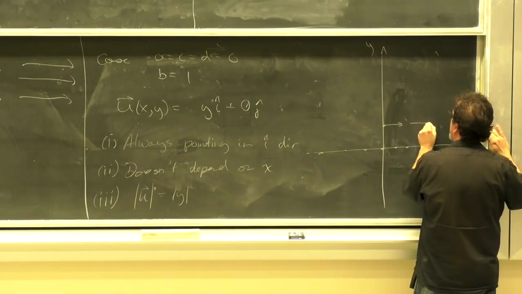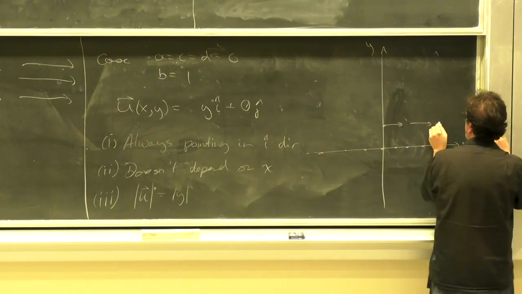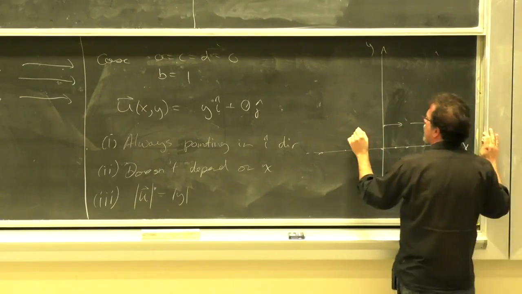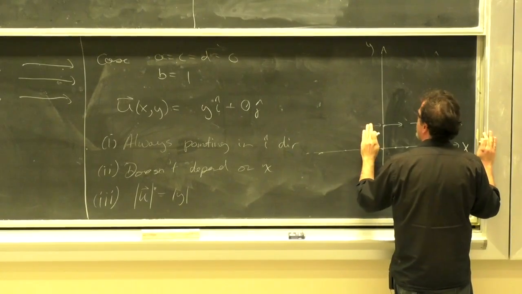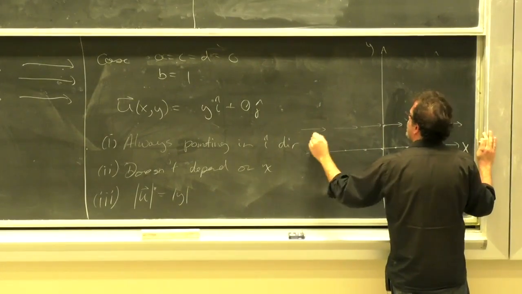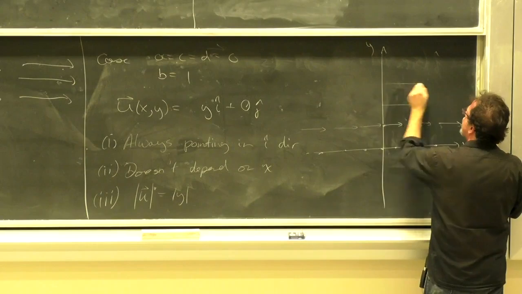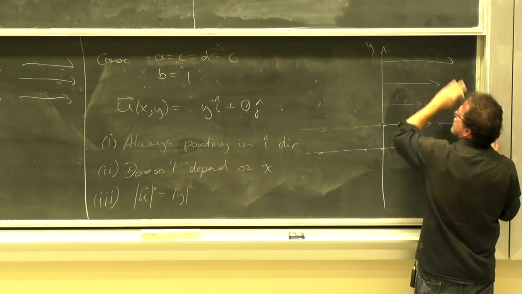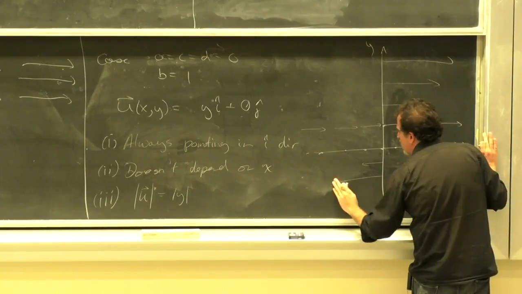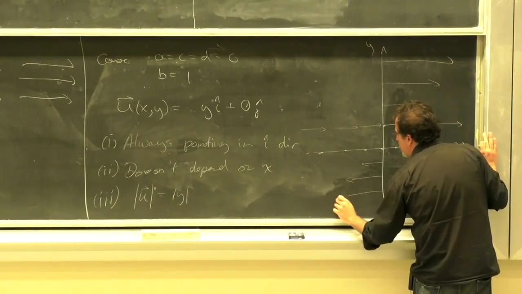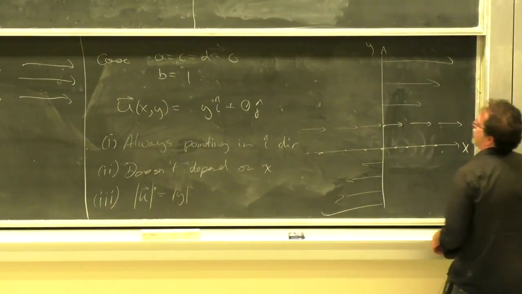And it doesn't depend on x, so whatever vector I put here, I basically have to make a copy there, and I keep copying it, okay? I've made these a little large, I'm sorry. As I get bigger, these vectors get bigger, and like this, and like this. And if I go to negative values of y, they get bigger, but in the opposite direction, okay?